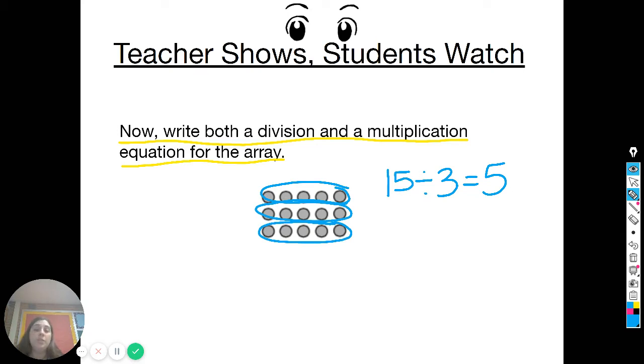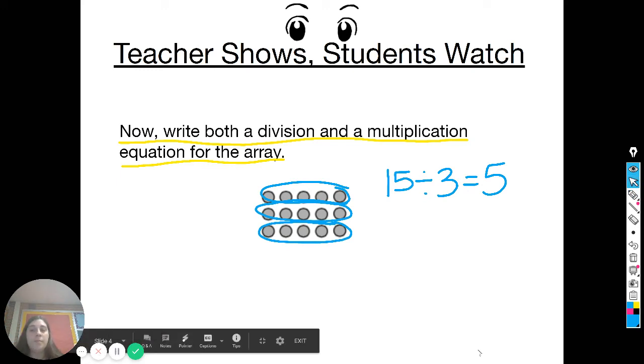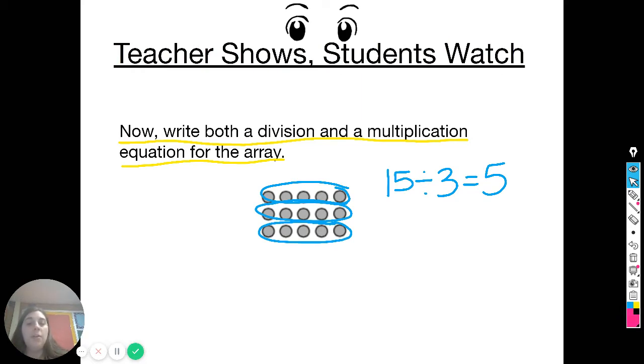Now let's switch it into a multiplication equation. In our multiplication equation, we have to figure out how many rows there are, or how many groups, because we know that always goes first.